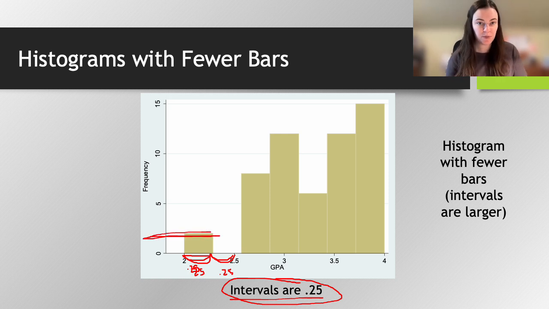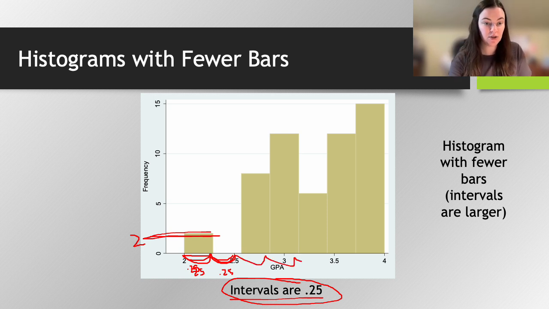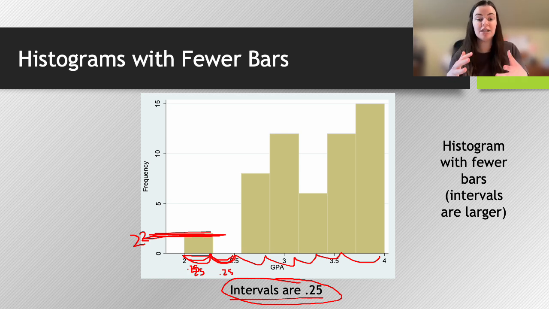I had two students on the previous graph who indicated that they had a 2.1 GPA and a 2.2 GPA, so one of each. Now that I've increased my interval size, you'll see here at the bottom that they have been collapsed into one bar. So I have two students in the 2 to 2.5 range. As my interval size increases, I'm going to have fewer bars on my histogram. You can go back to the previous slide to see what that difference is.